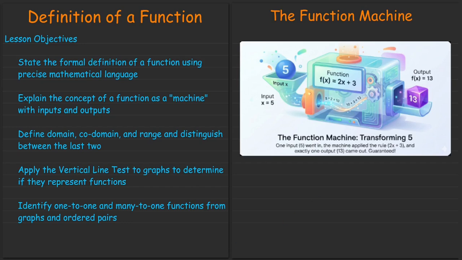So mathematically, we write a function as f: A maps to B. This is to say that f is a function from a set A, which we call the domain, mapping to a set B, which we call the codomain. This is how we write it.